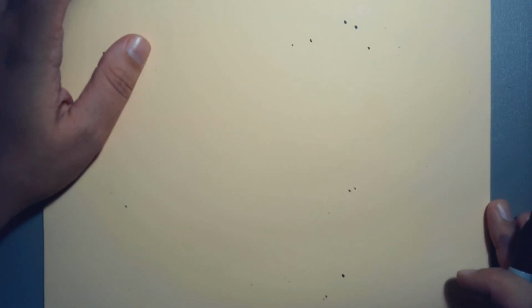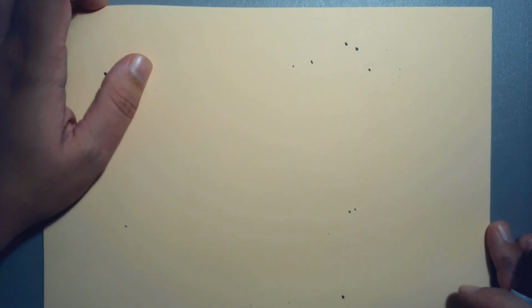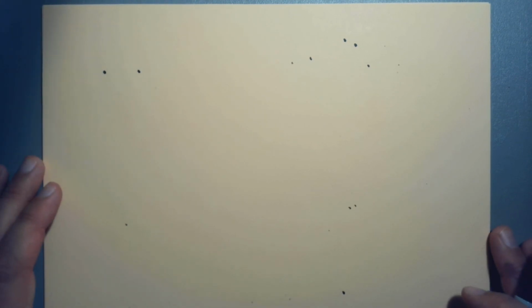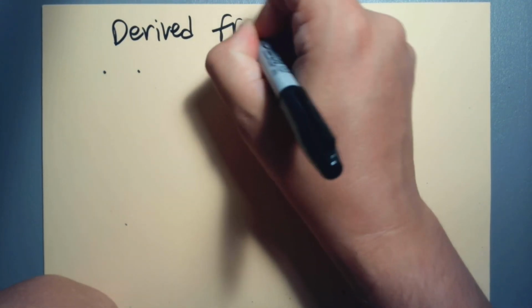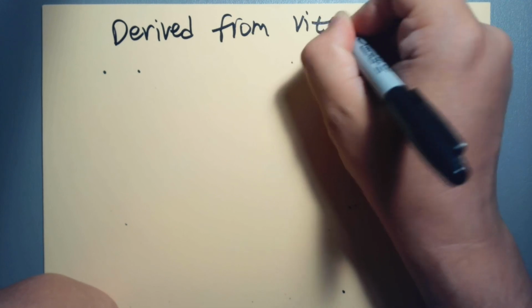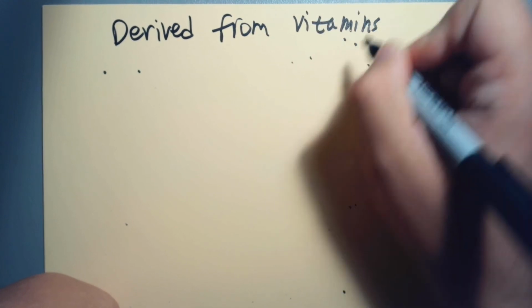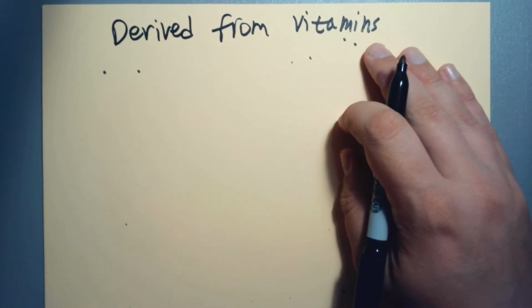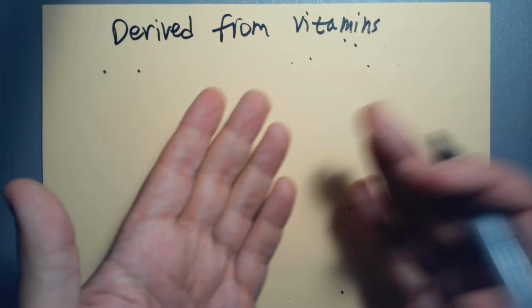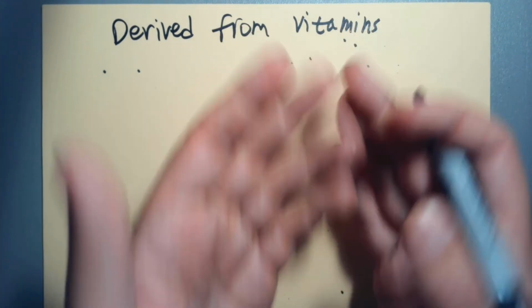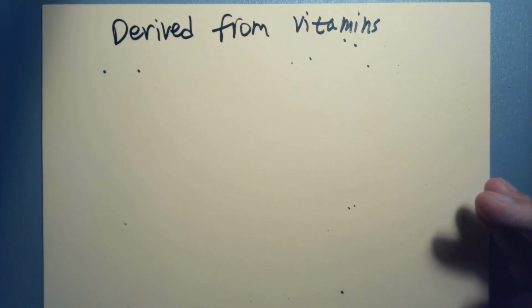So, the last thing we'll say about these is that they are derived from vitamins. I'm not going to go into the chemistry of this, but you have to have vitamins in your diet. They're "vitalamines," that's what it stands for. So it's like essential amino acids. They're things that we have to have in our diet because we can't produce them ourselves.